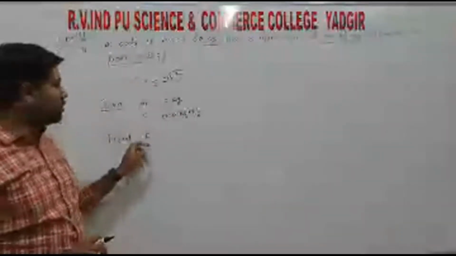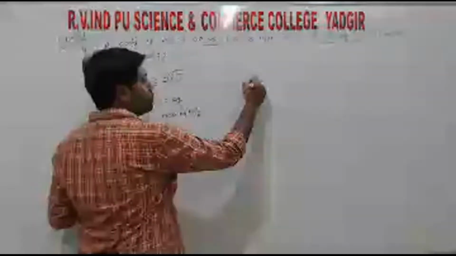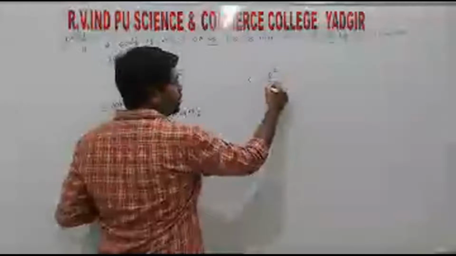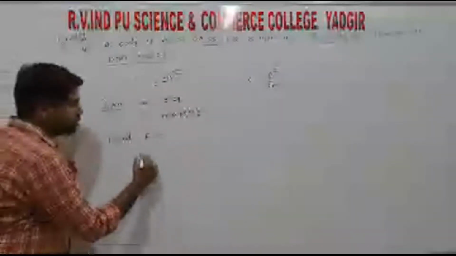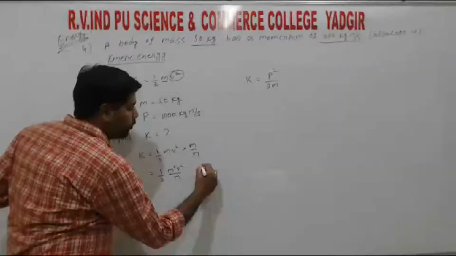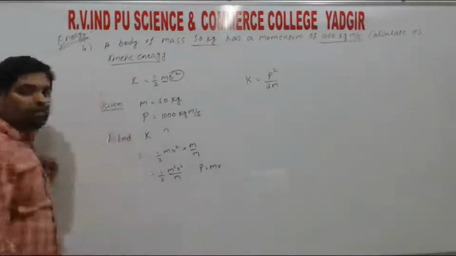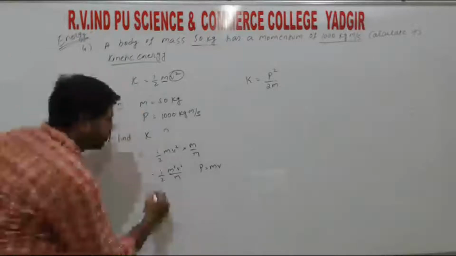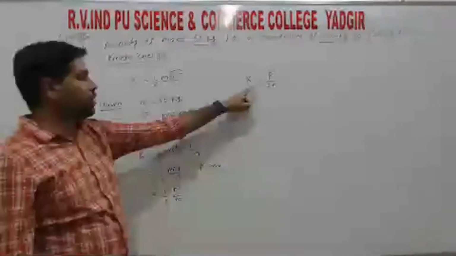So K = p squared by 2m. You can derive it: K = half m v squared, and p = m v, so K = half p squared divided by m, that is p squared divided by 2m.